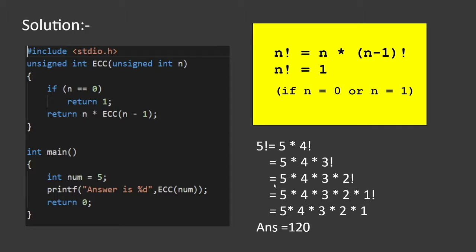In the next term, 5 into 4 into 3 into 2 factorial. In the next term, 5 into 4 into 3 into 2 into 1 factorial. In this way, our final answer will be equal to the multiplication of all these terms. So our answer will be 120. In this way, we can solve this problem using recursion.